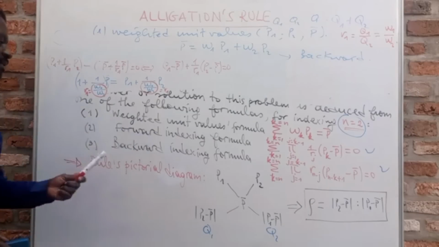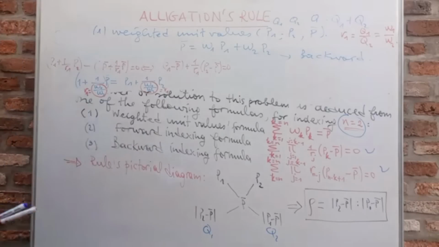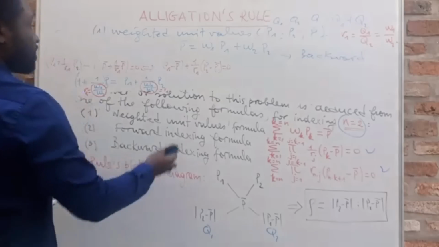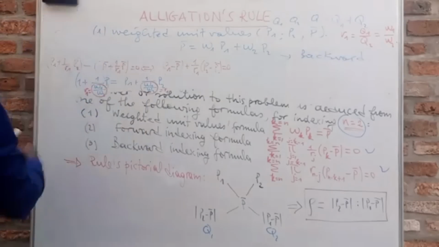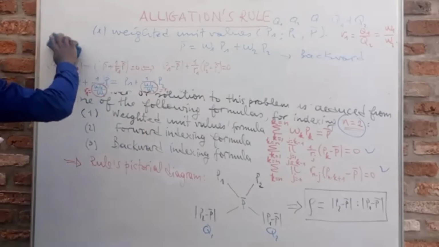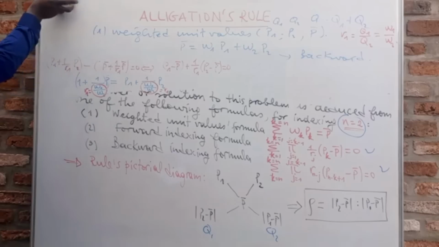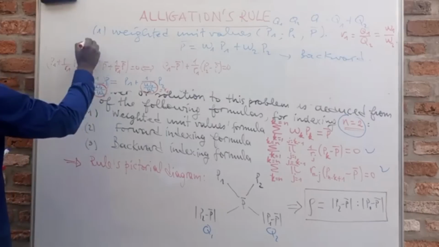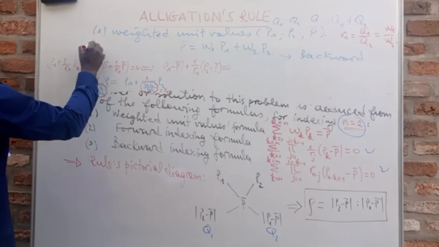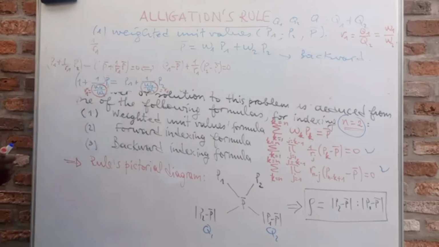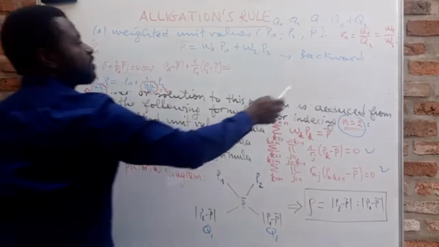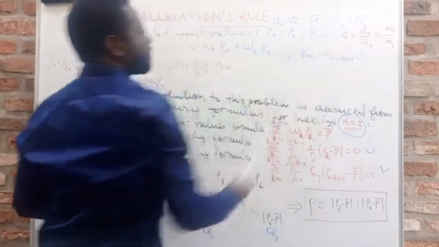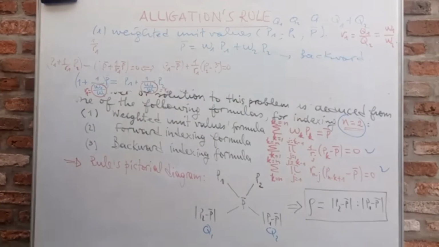The forward indexing formula, backward indexing formula. Now in this case, I can deduce the value of the reciprocal of the ratio of either of the weights or of the quantities.